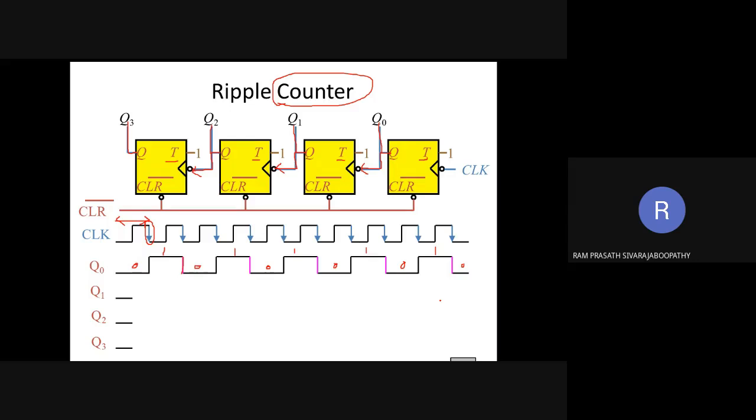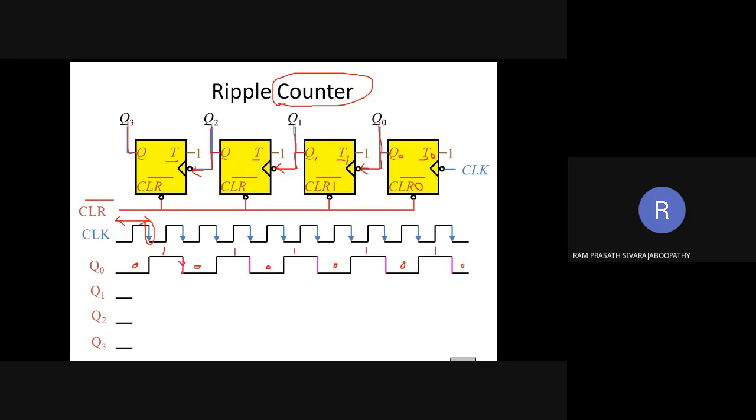What about Q1? You must observe carefully. For the second flip-flop, that means T flip-flop 1, mark it as 0 initially. Here for this flip-flop, Q0 is the clock. So what am I going to do?